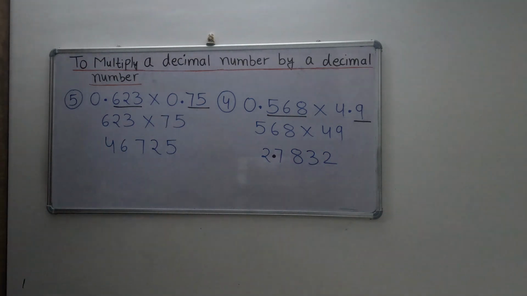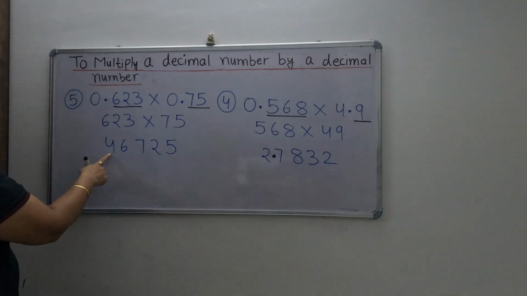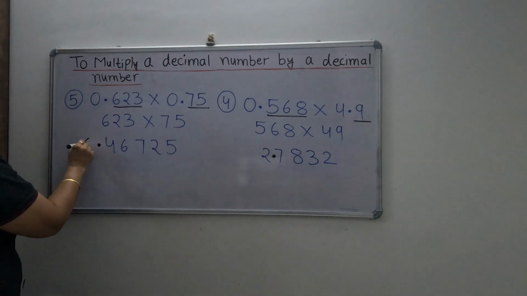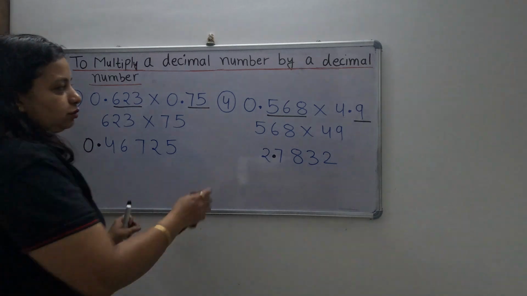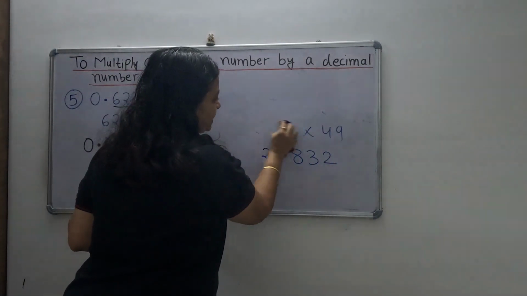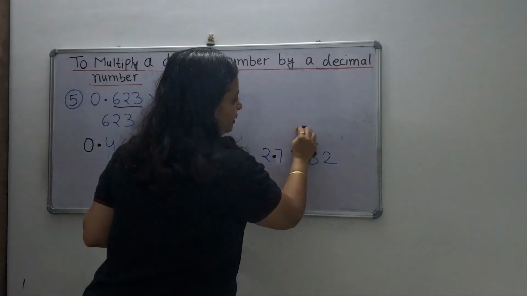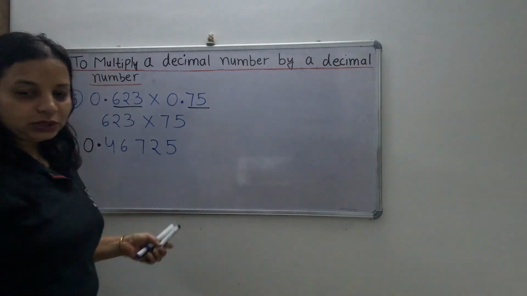So total is 5. Now start from the extreme right. 1, 2, 3, 4, 5. Put the decimal point and add 0. Because as you know, a 0 before the number has no value, so you can add it. There is no problem. Now the last example. I am giving you one more example, then we'll do the questions.